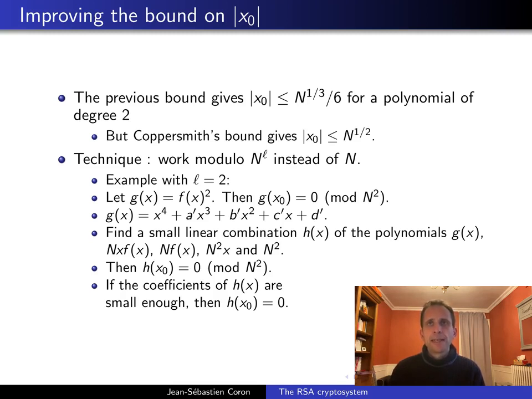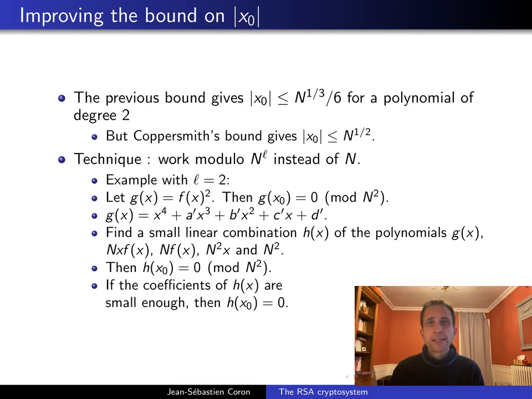The technique is to work modulo a power of the modulus n, so to work modulo n to L instead of n. This is going to improve the bound on the root x0. Let me describe an example with L equals 2, that is going to improve a little bit our bound. We define the polynomial g of x as f of x squared.